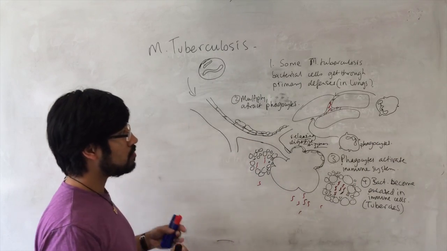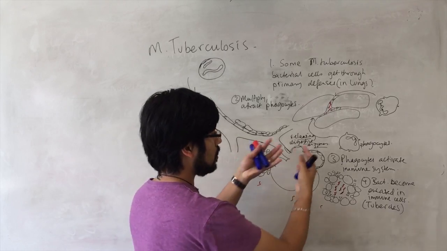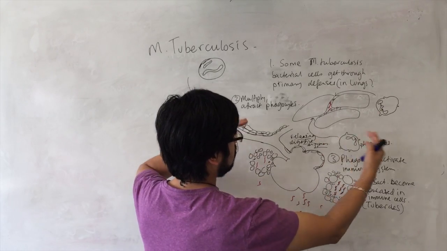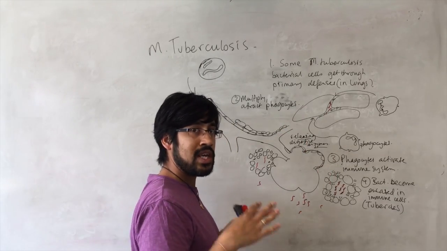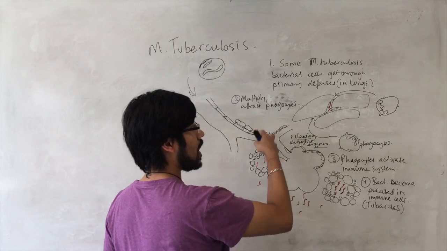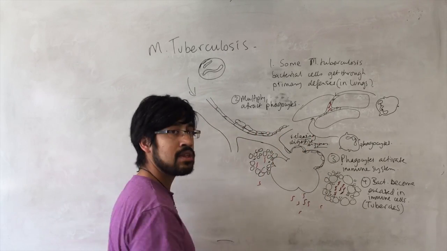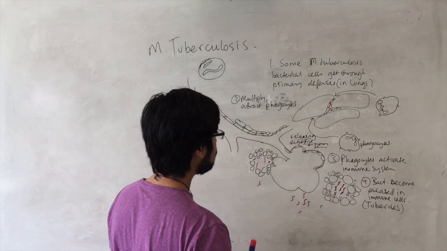The more the body has to infuse this area with phagocytes to try and keep the infection at bay, the more they will be causing damage to the lung tissue by releasing their digestive enzymes. So this is very important, okay?